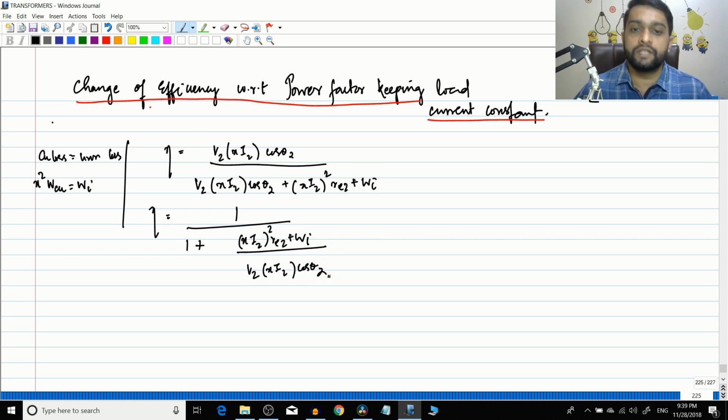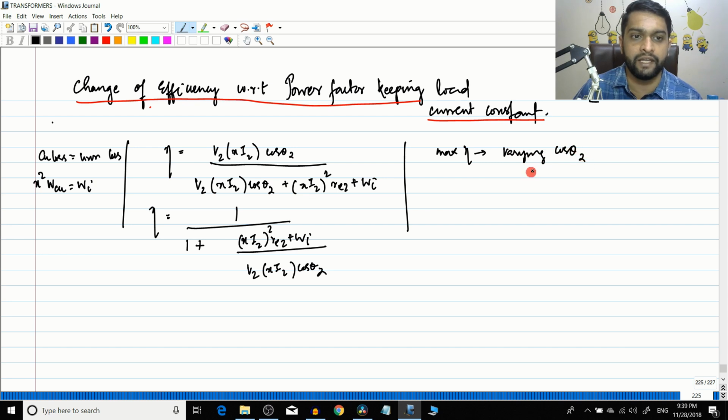In this video today we are going to see the maximum efficiency. When do you get maximum efficiency by varying cos theta 2? Because you are varying cos theta 2 here, you keep xI2 constant. This does not require any derivation, like what we did for change in load current.